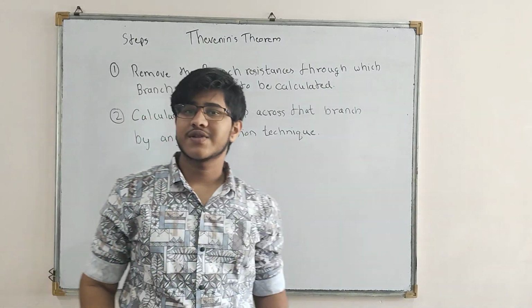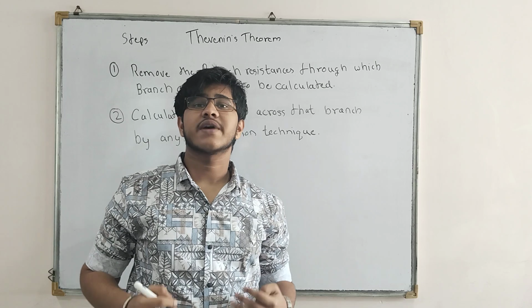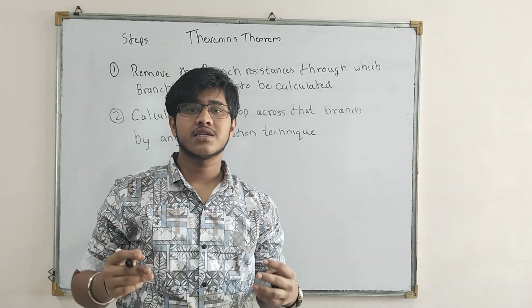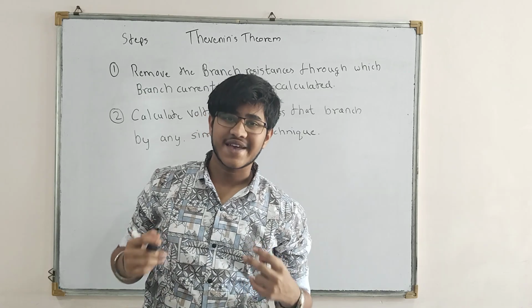Third step is to calculate RTH, which is the effective resistance across the both branches, excluding the resistance through which current is to be calculated.